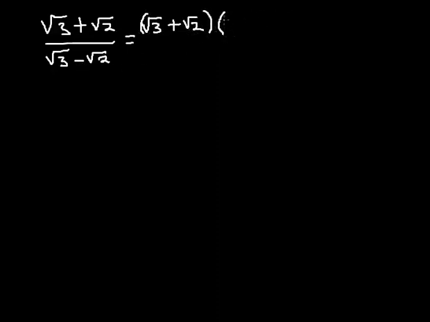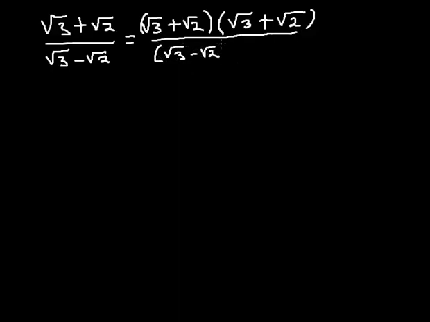I have to put them in a bracket. The conjugate of the denominator is still root 3 plus root 2. Then I'll do the same to the denominator. Here I have root 3 minus root 2 multiplied by the conjugate, which is root 3 plus root 2. So let's go.